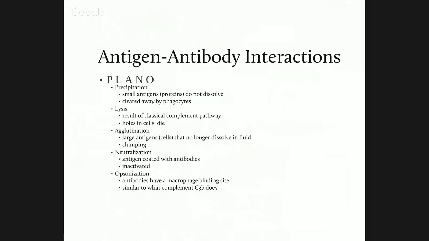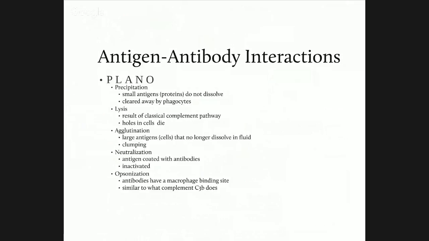And then opsonization by itself is possible, which is because antibodies have a binding site for macrophages and phagocytes. When something binds to it, a white blood cell can just come along and bind and destroy it. Now, I added this onto the end because that can be all that happens. But really, opsonization is the endpoint of all the other four.